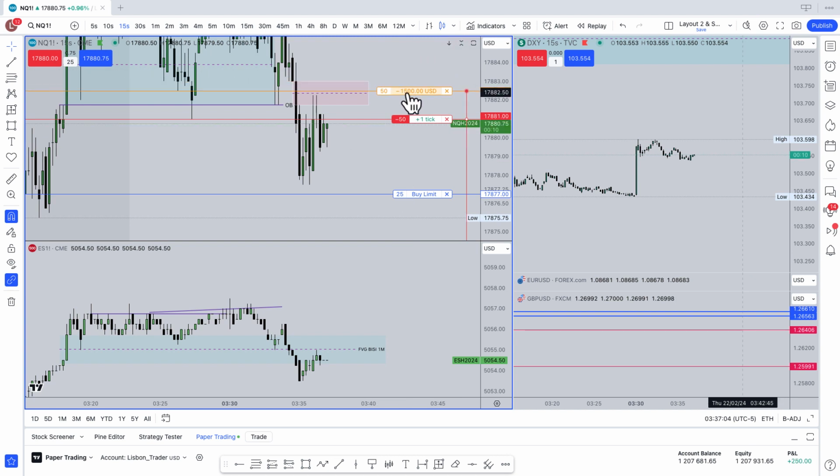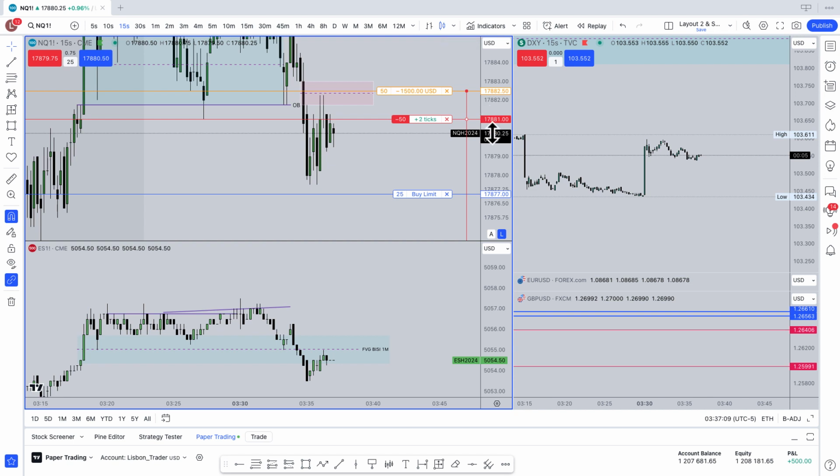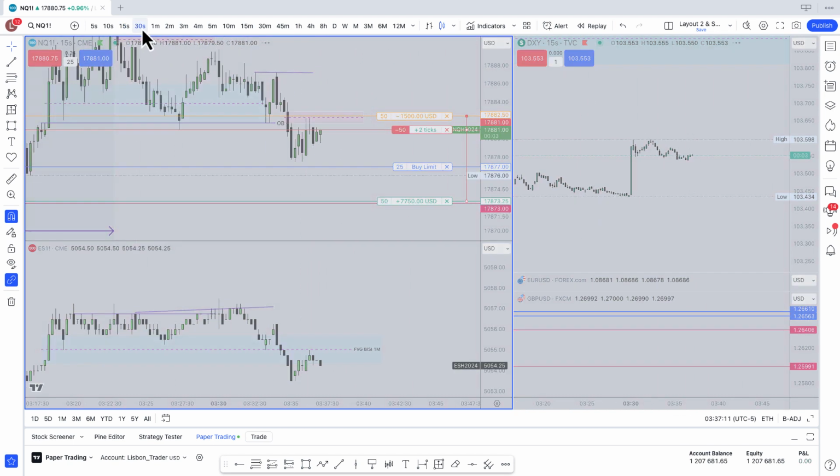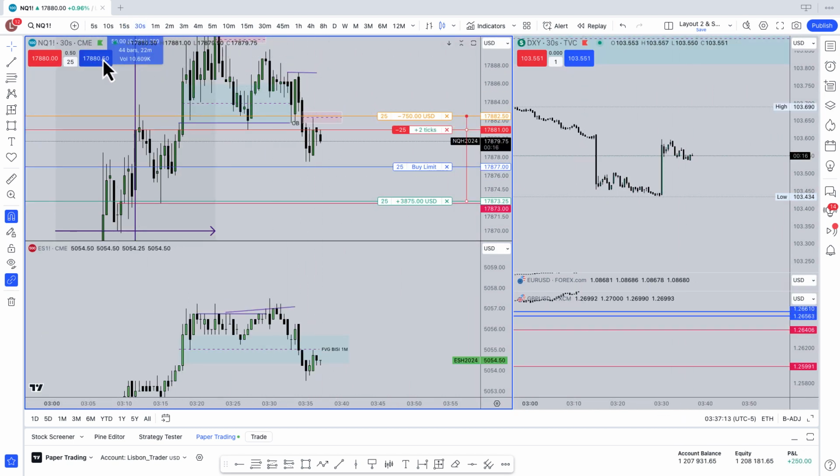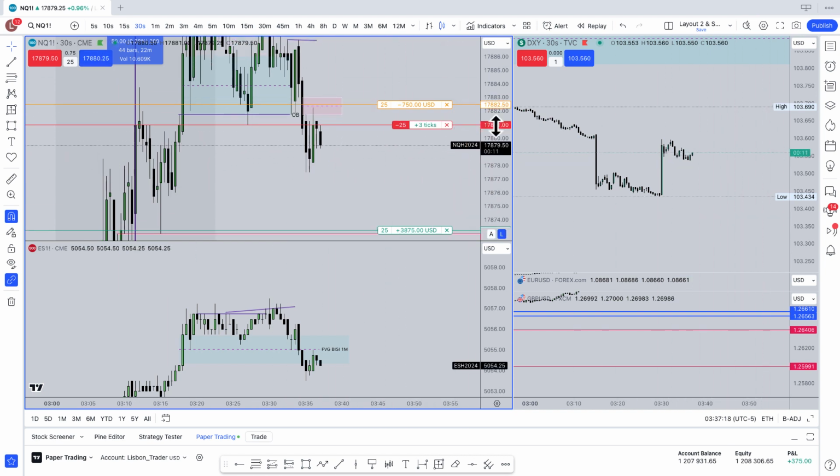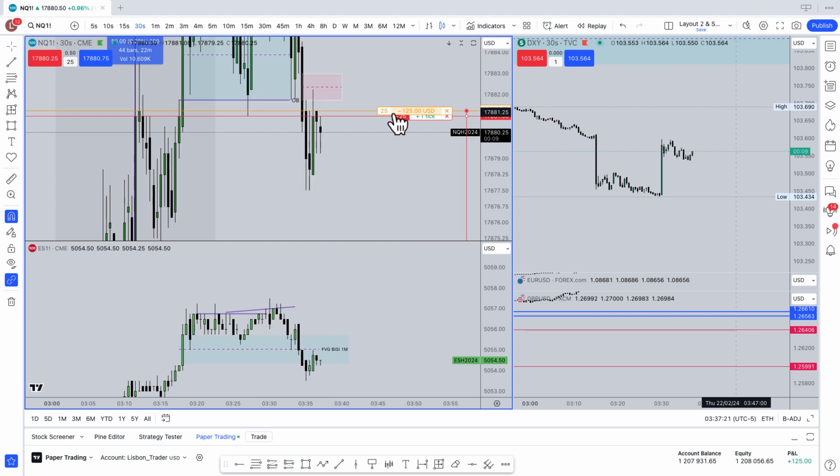Okay, it's reduced to the consequent encroachment of the CV inside imbalance. Not liking it, should have gone already, so remove this, put closer to break even.